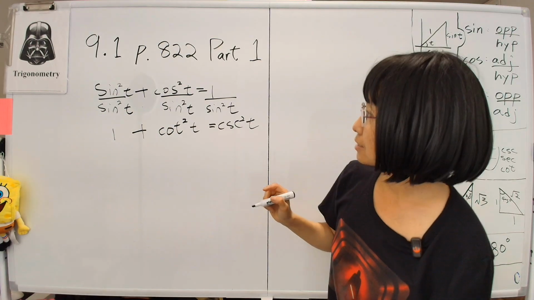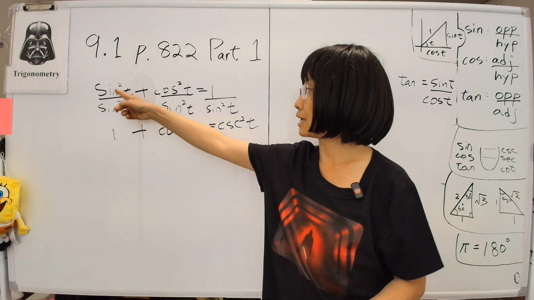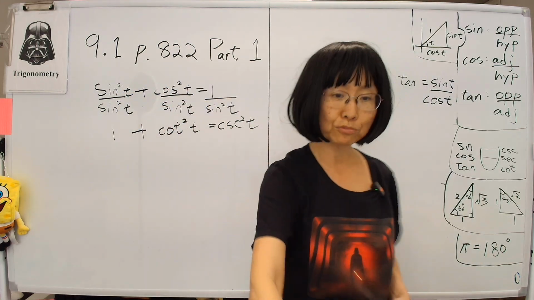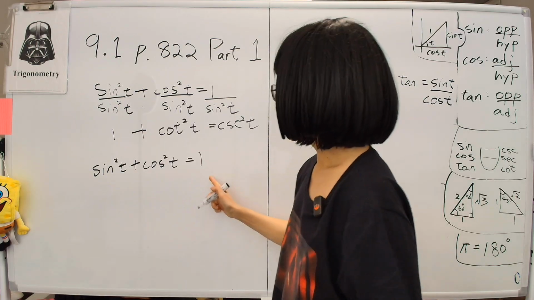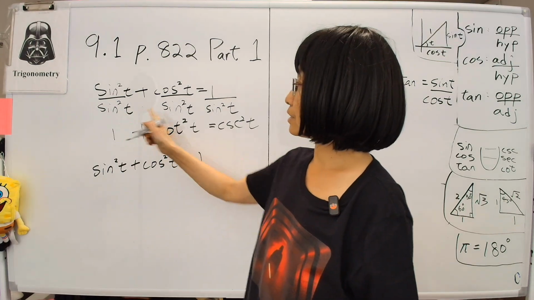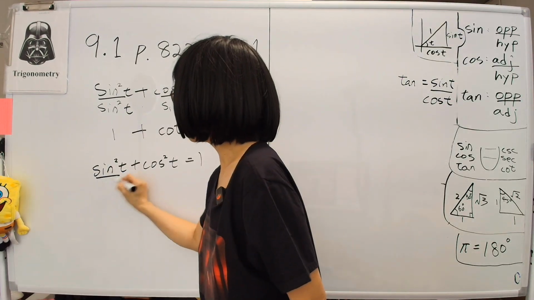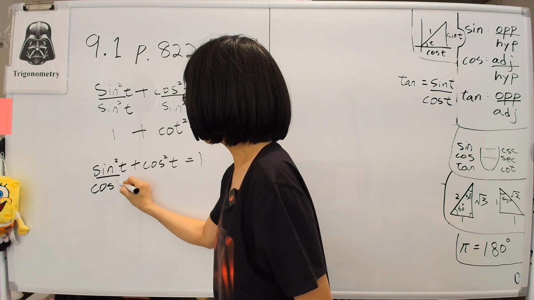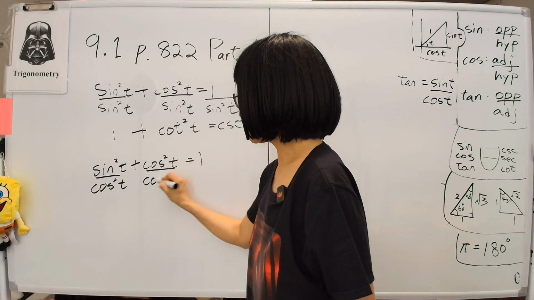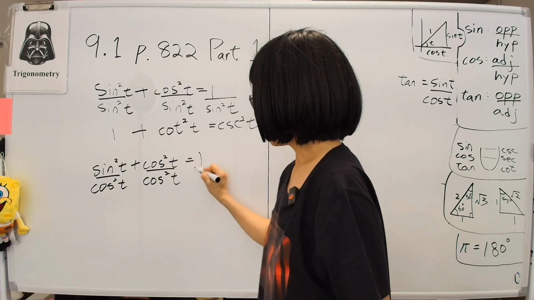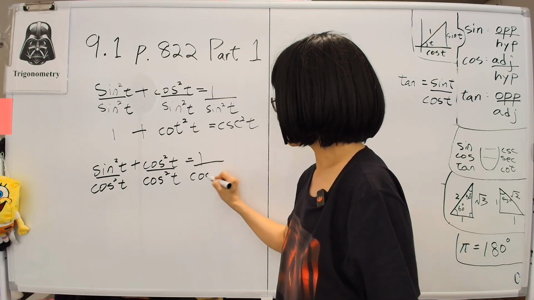Another one is if we write down the same, sine squared plus cosine squared equals 1, on the other side. Last time we divided by sine squared. If we were to divide by cosine squared t, this is also divided by cosine squared t, and the last one is also cosine squared t.